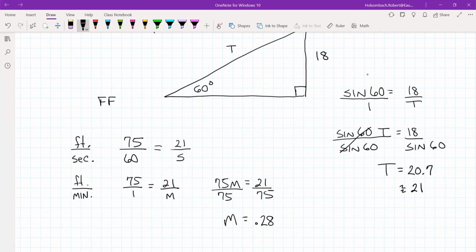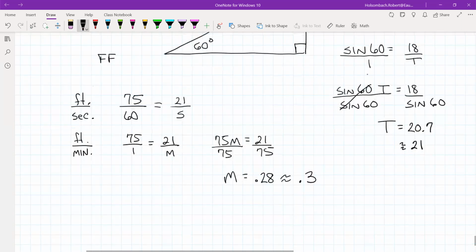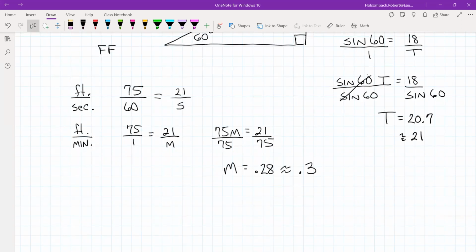So how long to the nearest tenth of a minute does it take the supplies? To the nearest tenth of a minute here, it's 0.3. Everybody clear on that portion? The 0.28 rounded to the nearest tenth is 0.3.